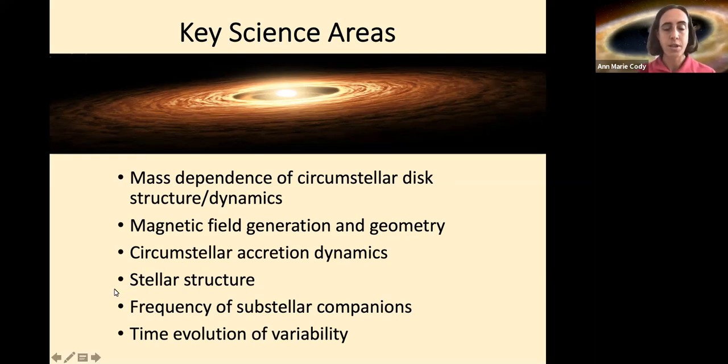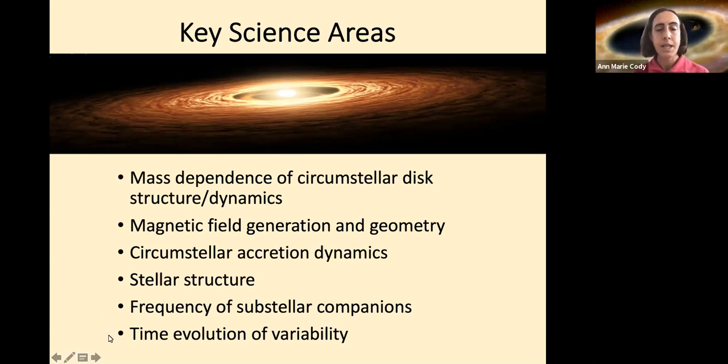Stellar structure is something that we can access by studying eclipsing binary systems, for example, measuring mass and radius as a function of stellar age. And related, we'd like to know if there are substellar companions, and if so, at which stages are we able to observe them? Remember, these are very young stars, so there may not be fully formed planets around them yet, but there may be something observable in the act of formation.